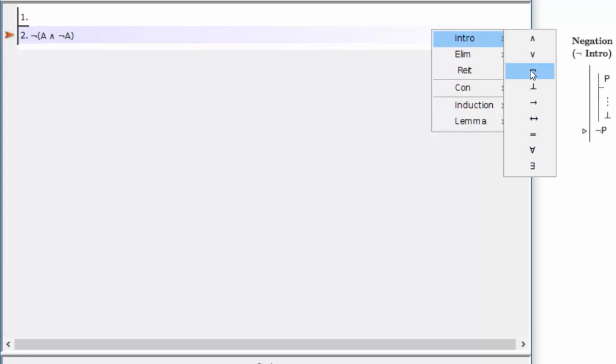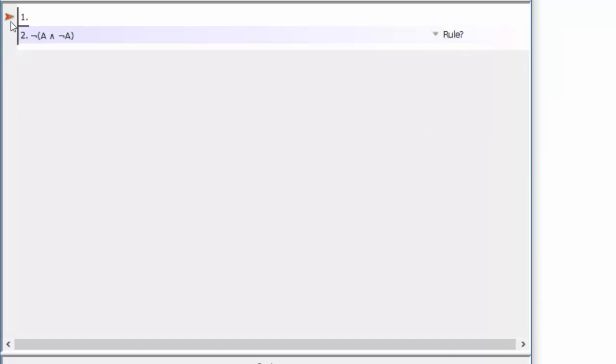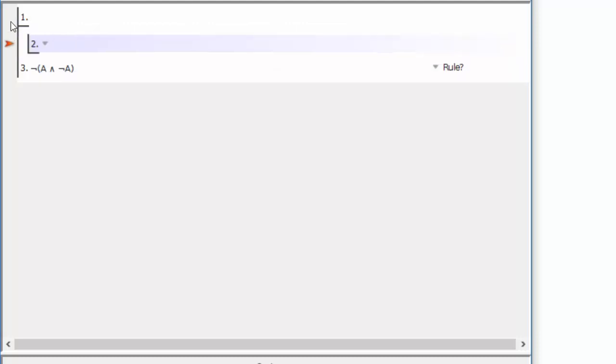So I'm going to employ that strategy. In order to employ that strategy, I'm going to add another step and then make it so that I'm introducing the assumption. The assumption that I want to introduce is the one that I want to show is false.